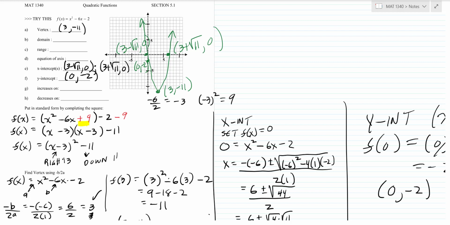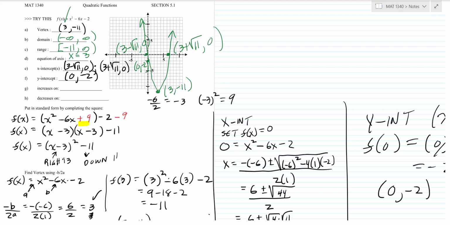So here's what you should have got on the rest. Domain is all real numbers. It always is. The range on this would be bracket, negative 11, infinity. The lowest y value is negative 11. The equation of the axis of symmetry is x equals 3. That's just x equals whatever the x value of the vertex is.